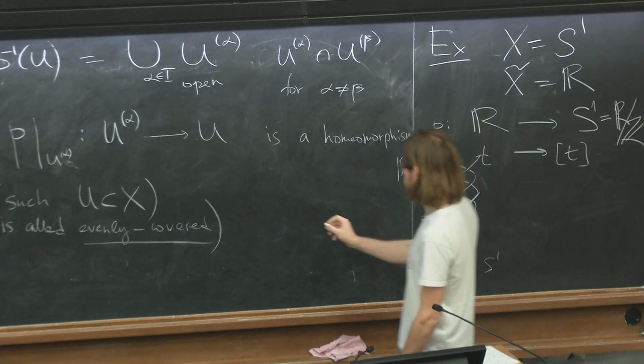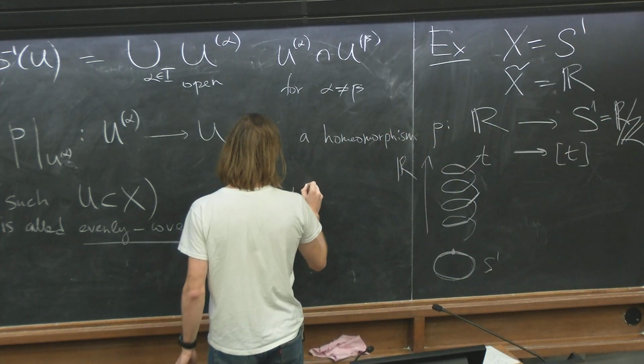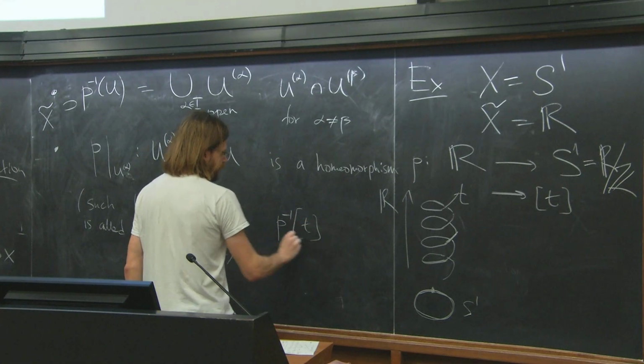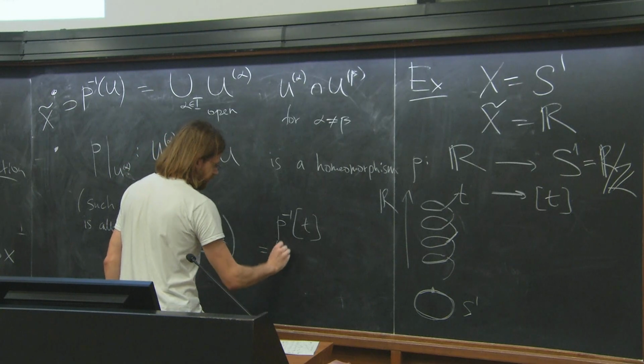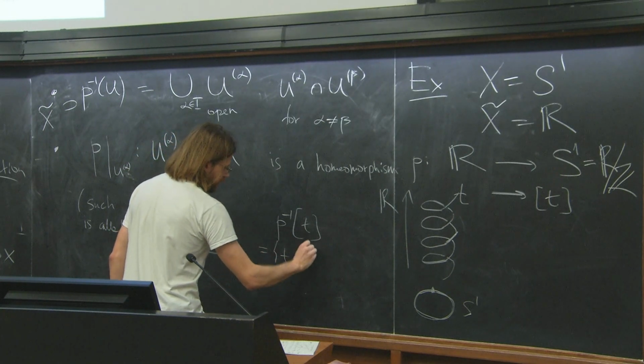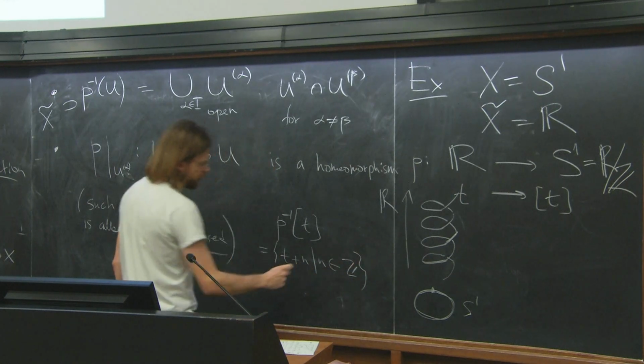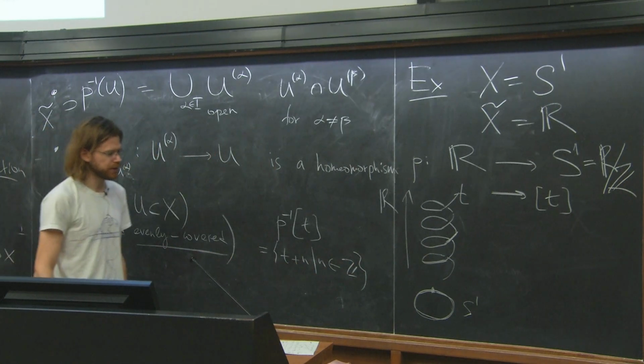If I take P inverse of some class of t, this is just a set of real numbers that differ by all possible integers.